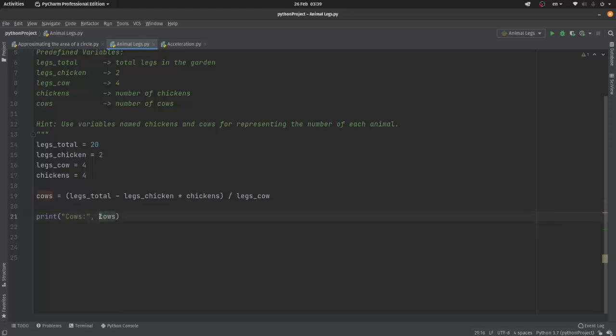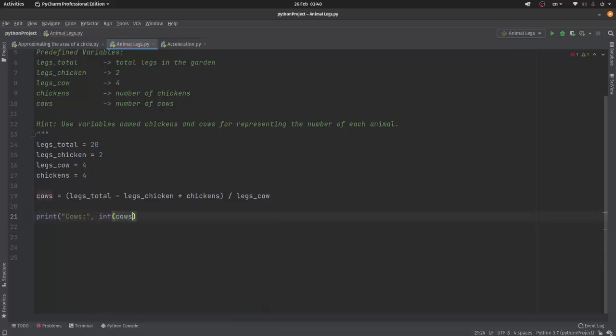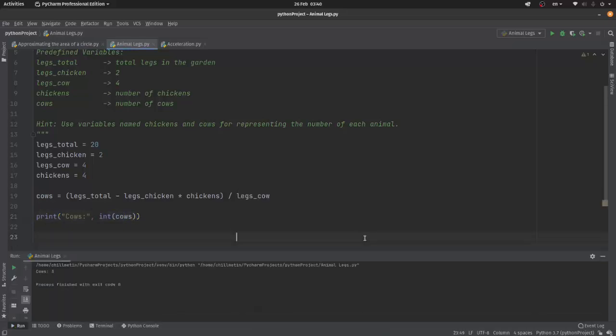So we know that cows should be an integer, and then we can safely write int in front of this expression. What it will do is convert this into an integer value. Now if I run the program again, this will give me a better answer. Like, there's no decimal or whatsoever.